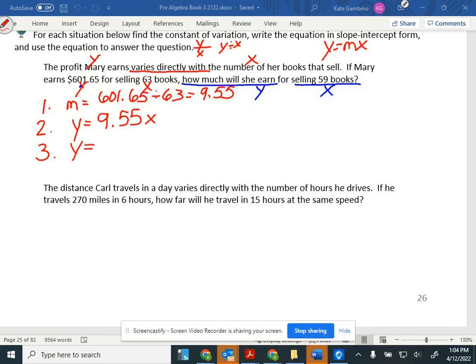What else do I put in my equation? y equals what? Katie? 9.55 times x. x is 59. So what do I have to do to find y?